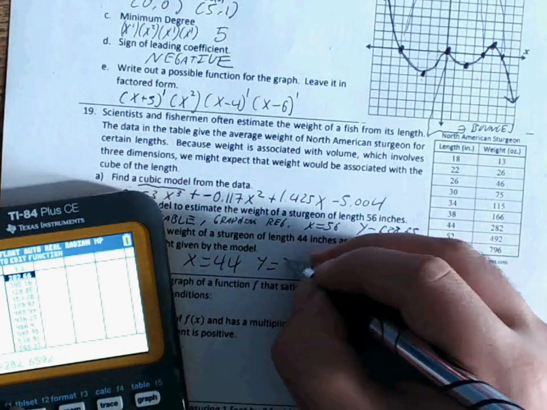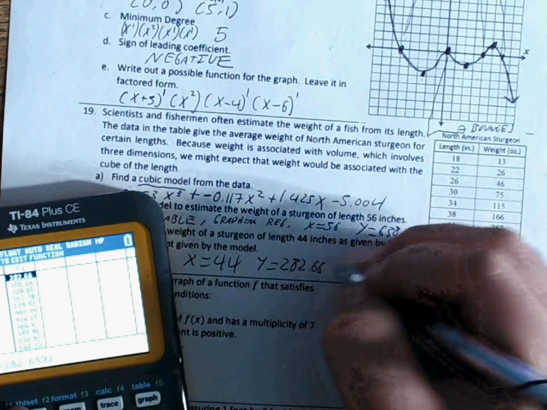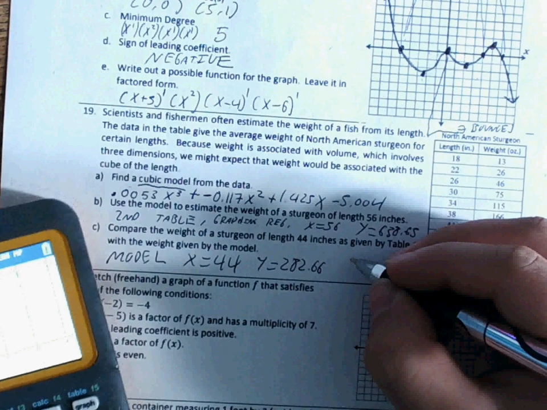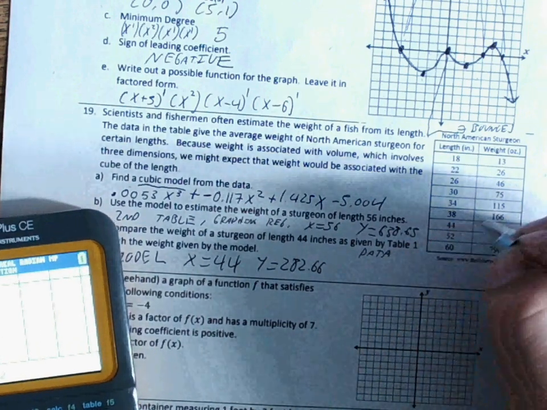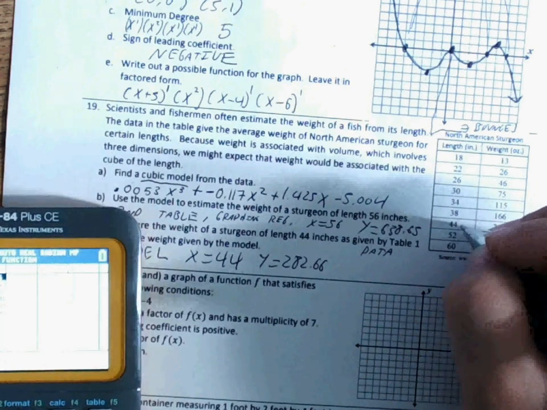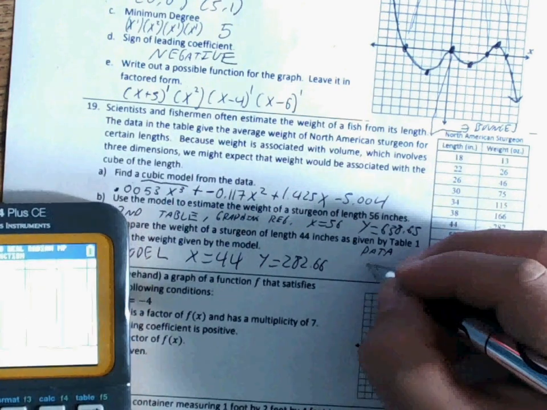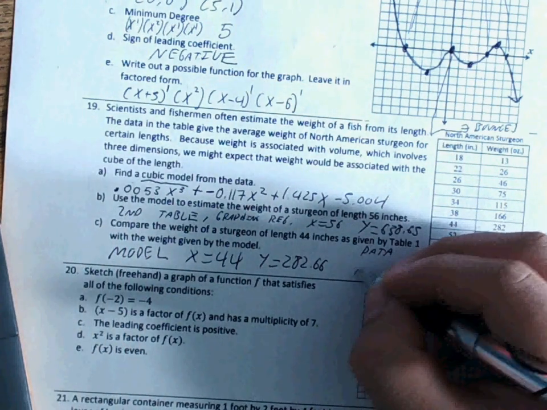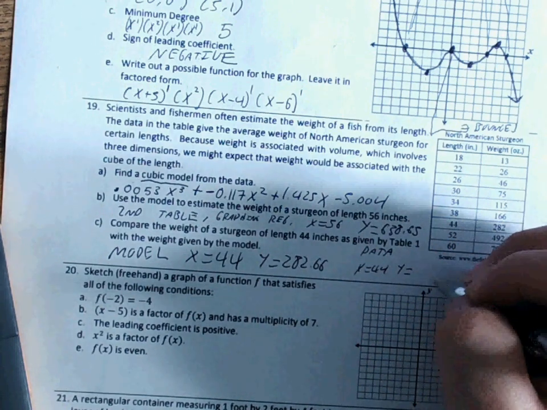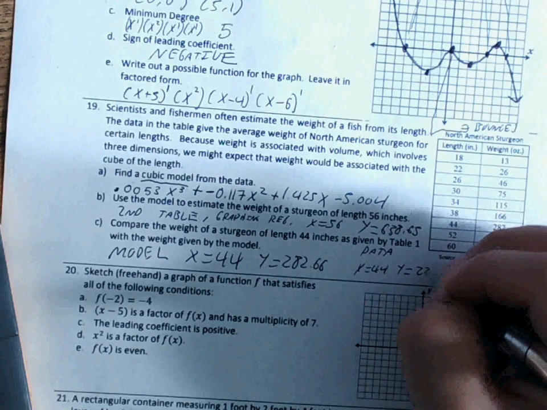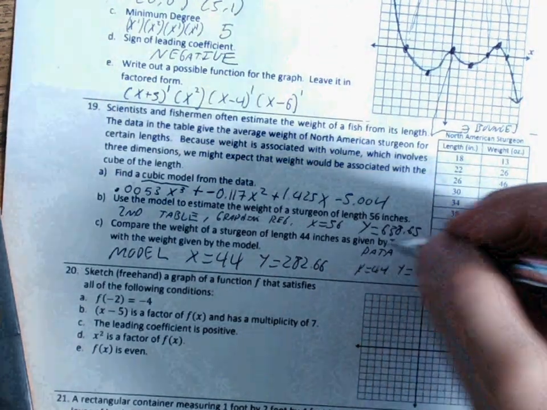And then what the data says is that when x equals 44, y equals 282. So it's a pretty accurate model.